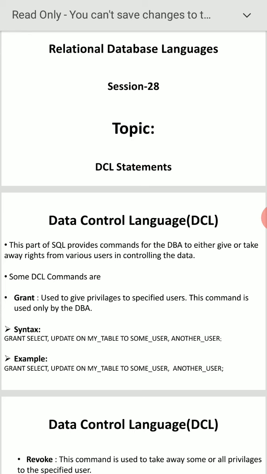But this command is used only by the DBA, database administrator. This command is used to give a user access to a database. He has to give the permission to the particular, specified user. Then only they can use it. Otherwise, nobody can touch it.